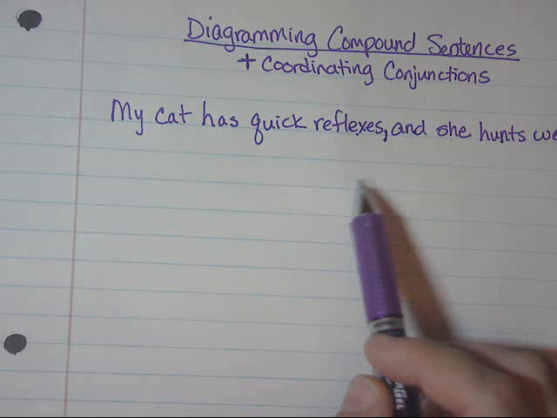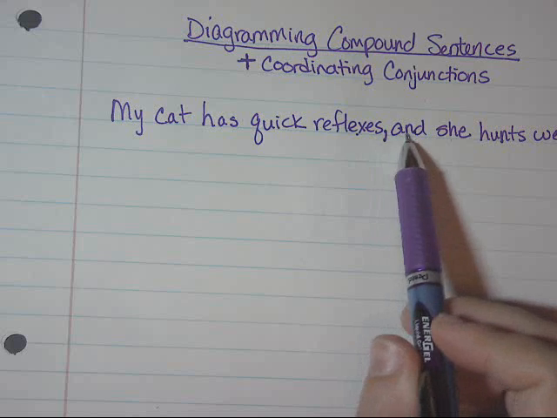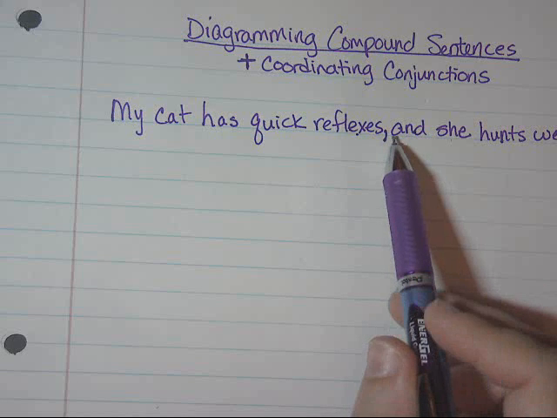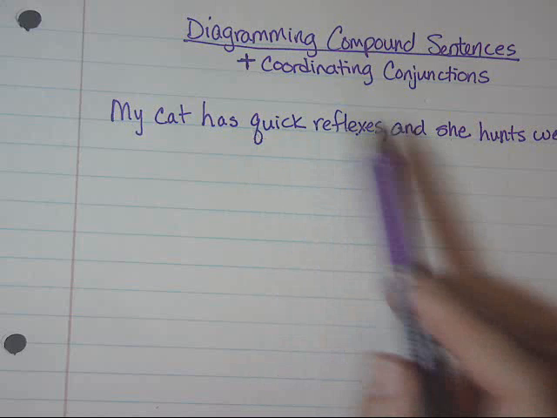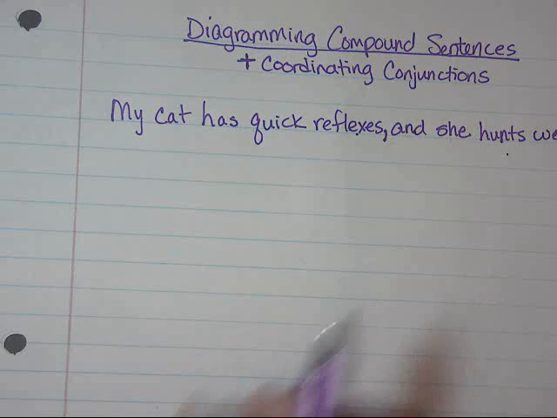The first thing we have to do is find where the comma and conjunction are. That's our division point. We're going to treat everything on the left side and then everything on the right side. Before we do that, though, let's take a quick look at what our coordinating conjunctions are.